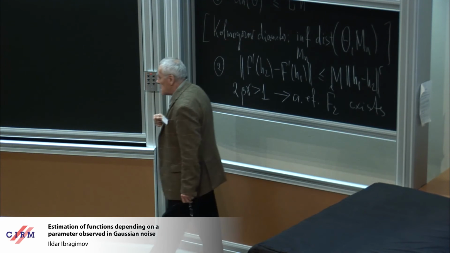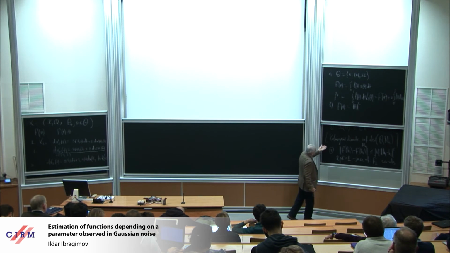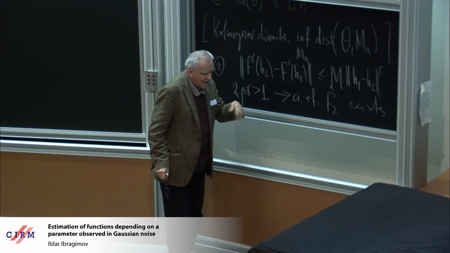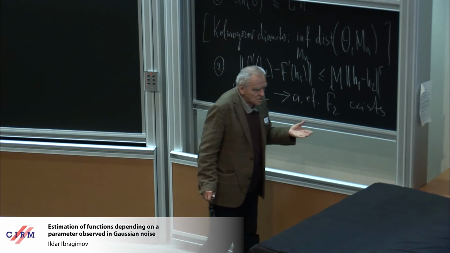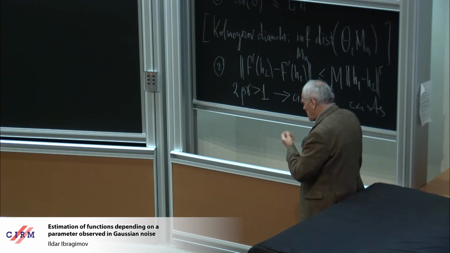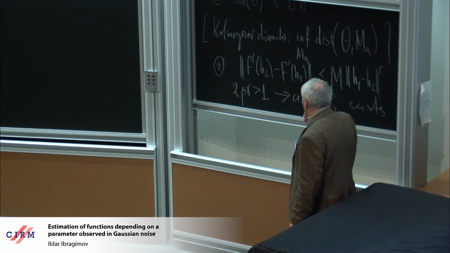Later, Arkady Nemirovsky joined us, and we extended the theorem to the case when we have not one derivative but k derivatives, and we found the relation between the rate of the Kolmogorov diameter and the smoothness of the last derivative.